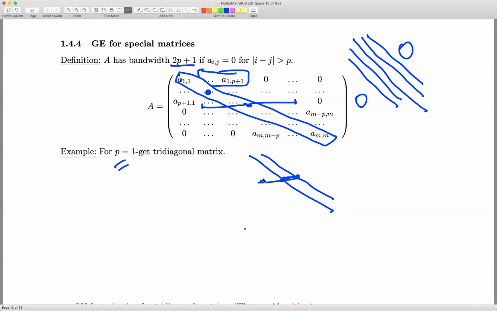You end up with the main diagonal and the two off-main diagonals, and this is a tri-diagonal matrix. The name tri-diagonal means that 3 strips are possibly non-zero. All the rest is 0.